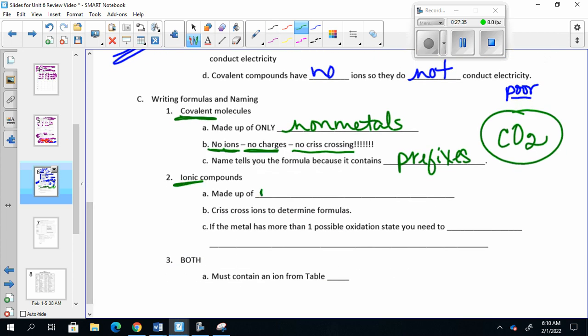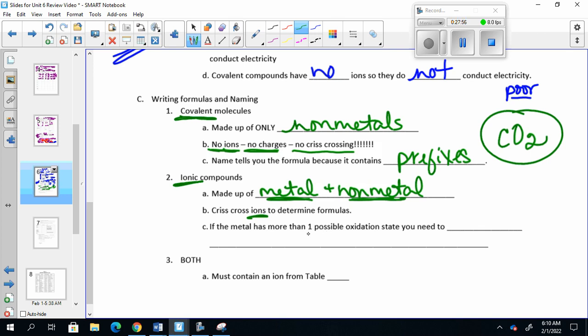Ionic is made up of a metal and a nonmetal. The metal is going to lose an electron. The nonmetal will gain that electron, or 2 electrons, or 3. You crisscross the ions to get your formula.